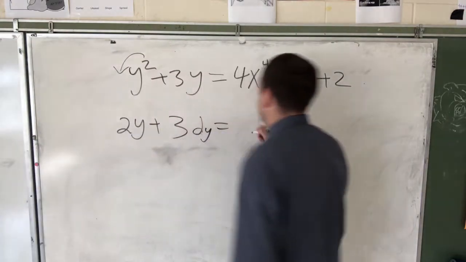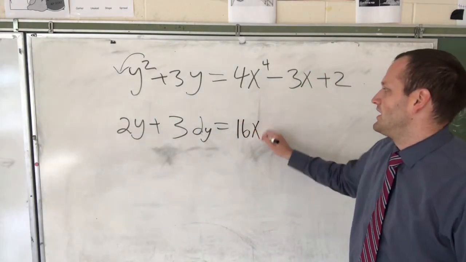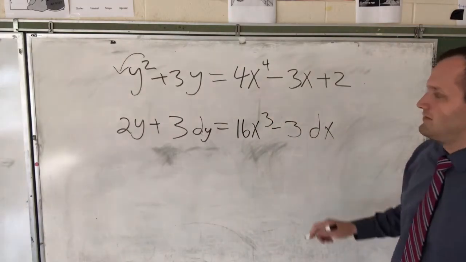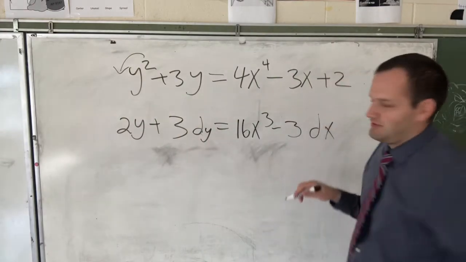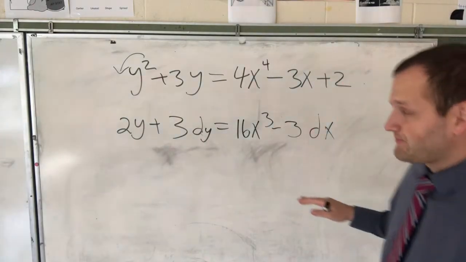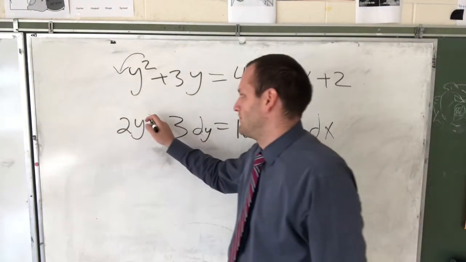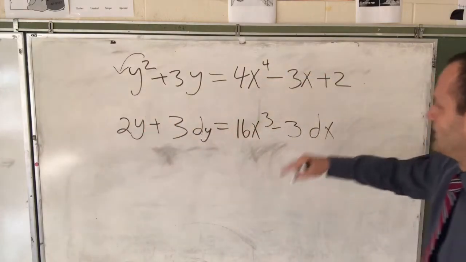But then over here, bring the 4 down. 4 times 4 is 16x cubed minus 3 dx. See, that's why it's important to use the dy and dx to show that this entire equation is in fact a derivative. We don't use y prime in this case. You would use dy and dx.